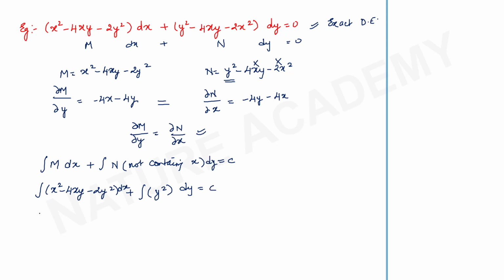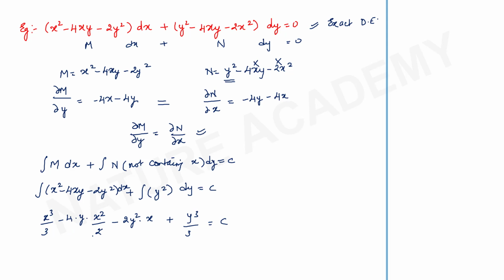If I integrate the first term, I am going to get x cube by 3 with respect to dx, minus 4 into y, which is a constant here because we are integrating with respect to x. For x it comes out to be x square by 2, minus 2y square into x, plus the integral of y square, which comes out to be y cube by 3, is equal to c.